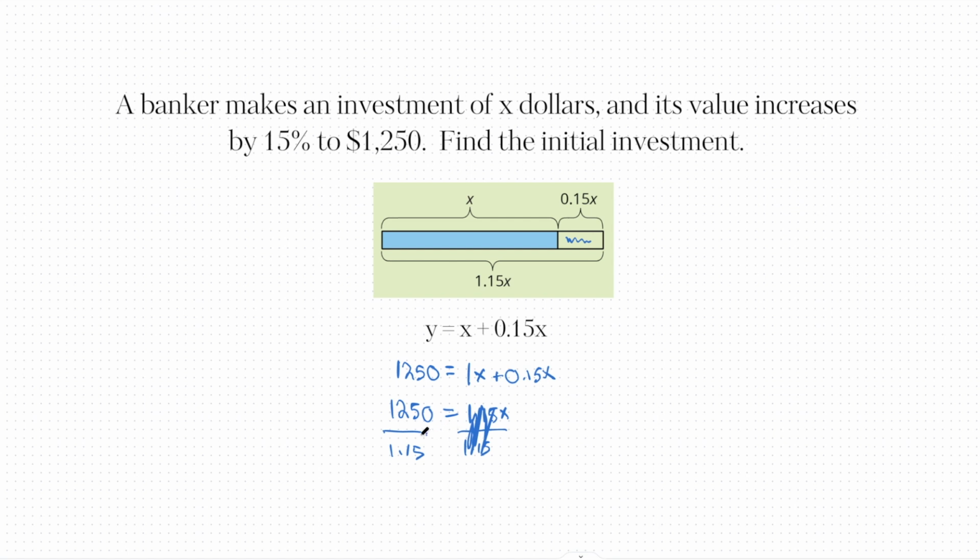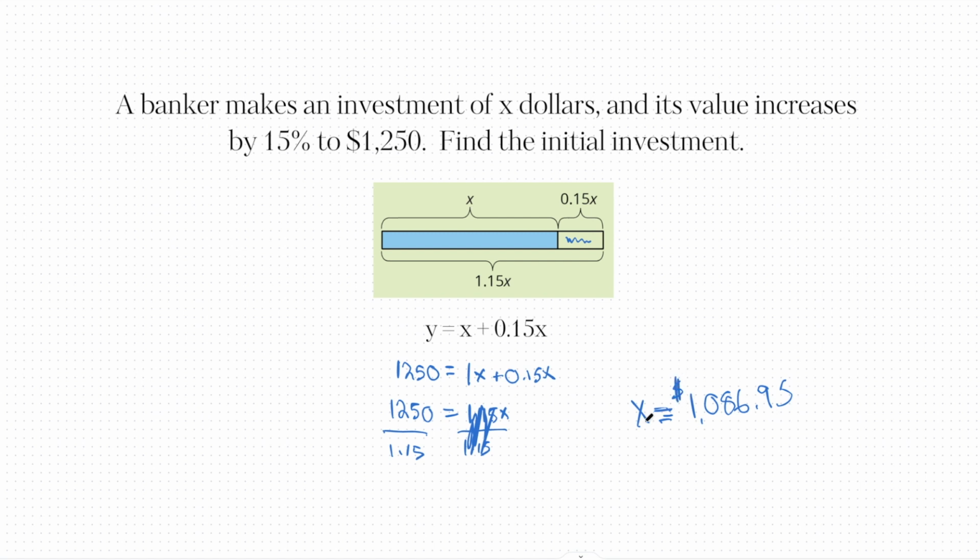So when I do 1,250 divided by 1.15, I get x equals, and for this a calculator is okay, $1,086.95. And that's our answer.